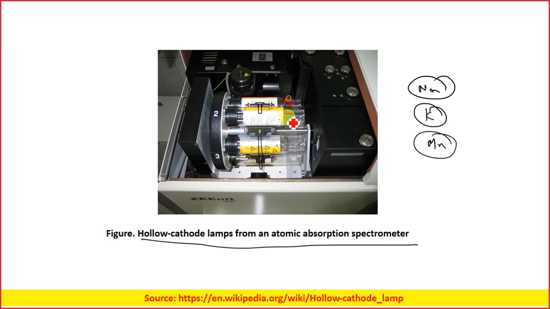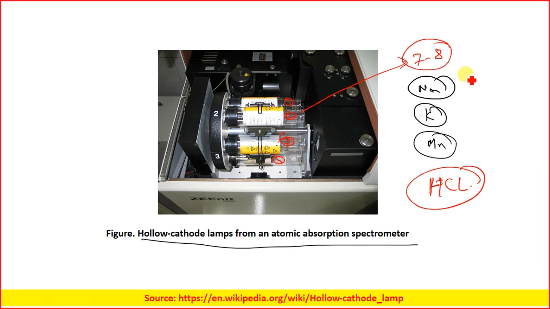You have 1, 2, 3, 4, and more than that. Beneath that also there are some. So at least you will have 7 to 8 cathode lamps within a specific spectrometer. The more hollow cathode lamps you use, the more elements you will be able to analyze using the atomic absorption spectrometer. Okay.